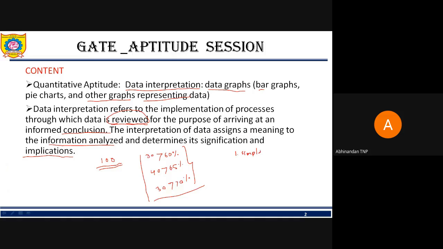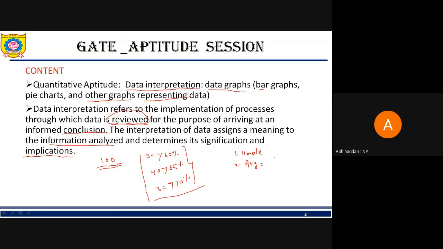Second, the mathematical tool which we use in data interpretation is average. They may ask you to find the average of the given data. Definitely, you have to use the formula for the average.